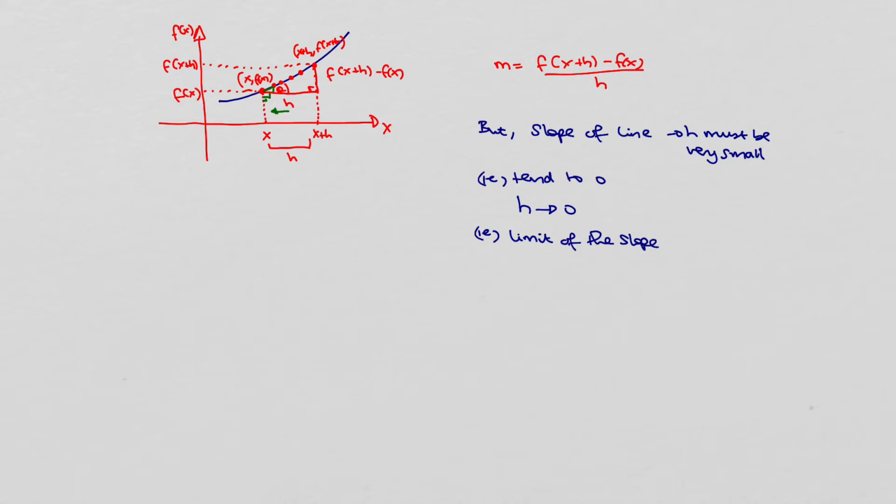So therefore, instead of saying, well, m is f of x plus h minus f of x over h, that would be incorrect. What we actually say is that the slope can be found by getting the limit as h tends to 0 of f of x plus h minus f of x all over h. So really what we're actually doing is we're finding the slope of the tangent to the curve.